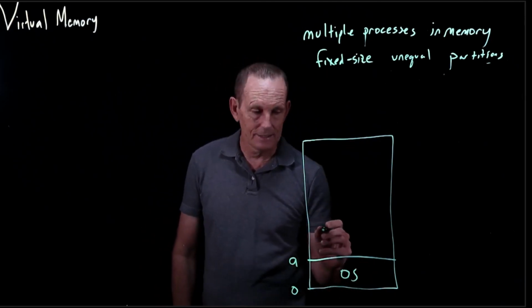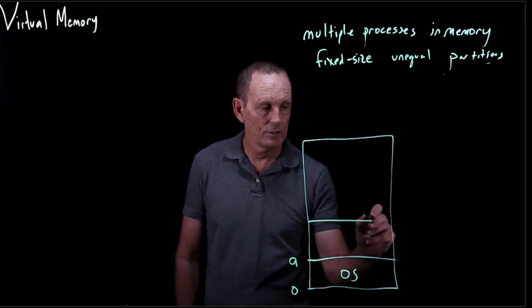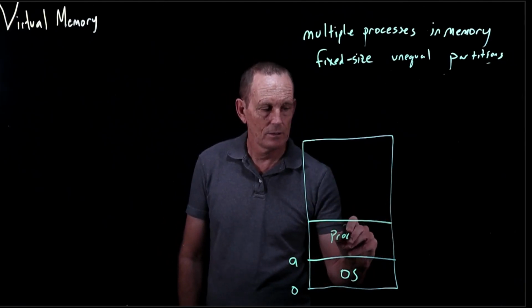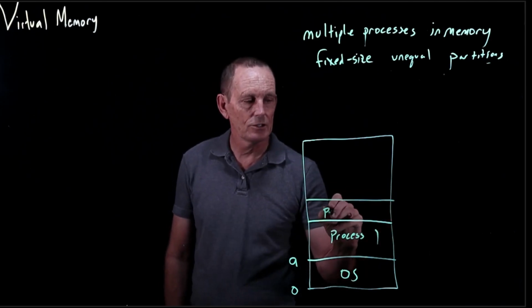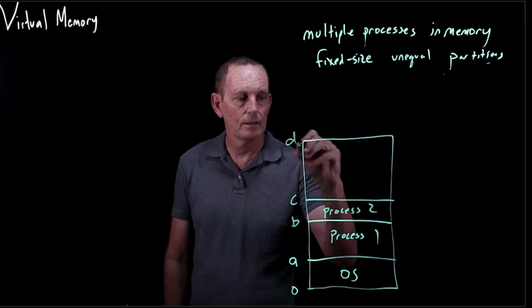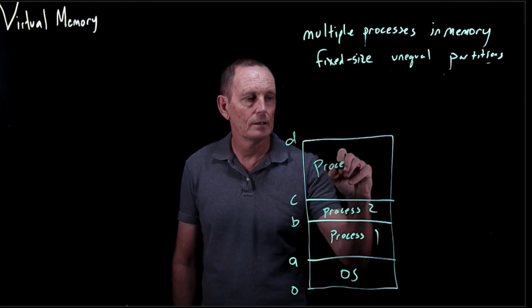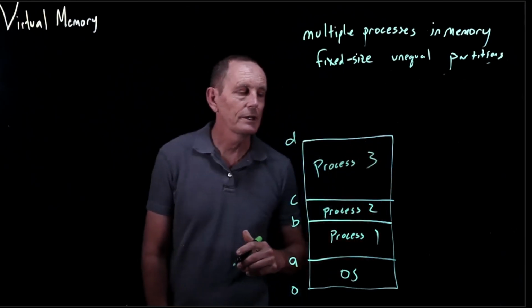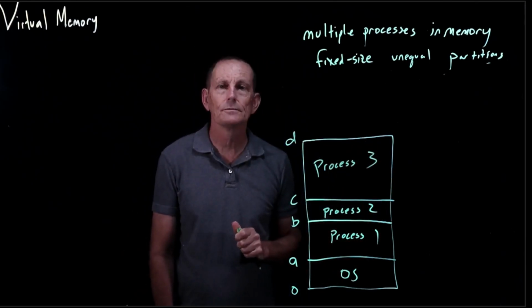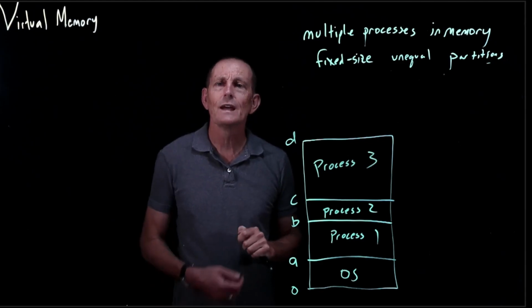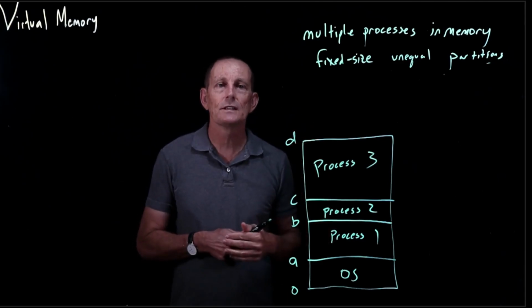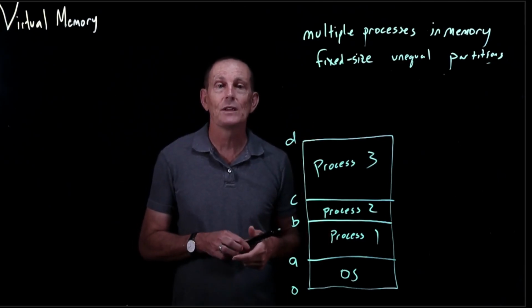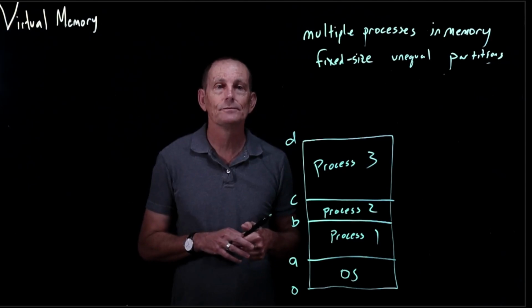And then we've got, let's say, 3 processes. So process 1 here, process 2 here, and process 3 here. So the idea is that the partition size that a process runs in is big enough to run that process. So there's no internal fragmentation.